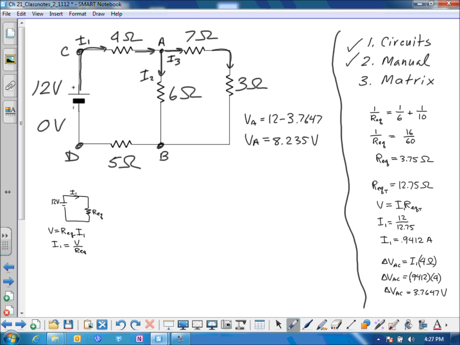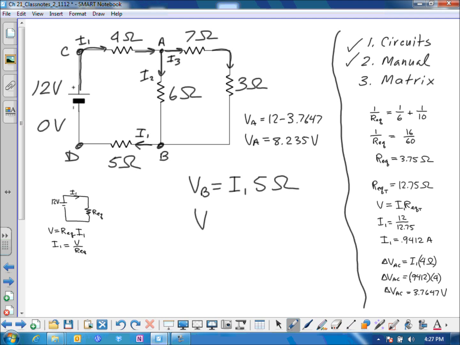Well, we know the voltage at point B would be the current I1, which is flowing across element B, times 5 ohms. So the voltage at B is equal to I1 times 5 ohms.